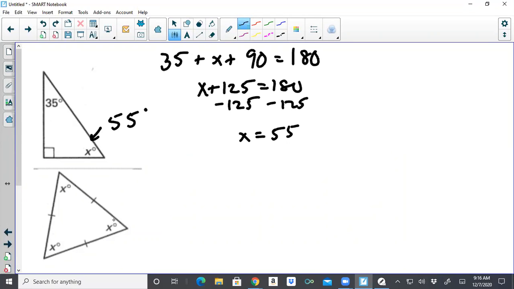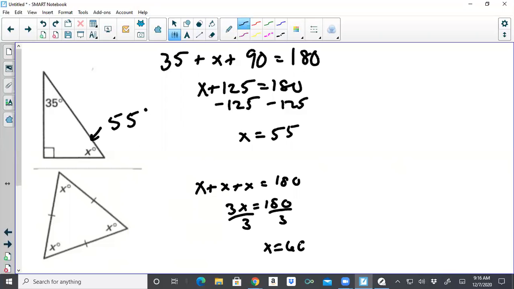This one right here, I don't know what any of those angles are, so I'm going to say X plus X plus X equals 180. So 3X equals 180, divide by 3, so I get X equals 60. All right, and that's what we're dealing with, okay?